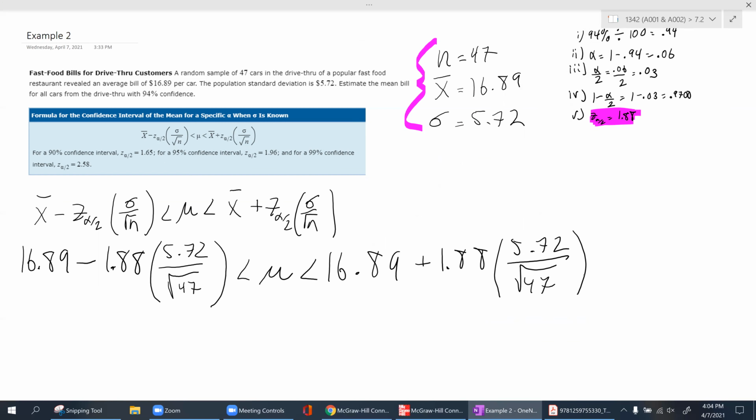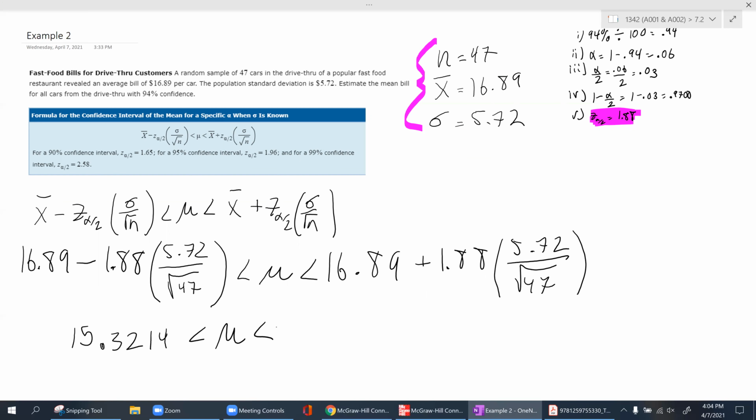All right. So let's go ahead and plug that in, right? So 16.89 minus 1.88 times parentheses 5.72 divided by the square root of 47. This here ends up giving me, let's do 4 decimal places, 15.3214 less than mu.